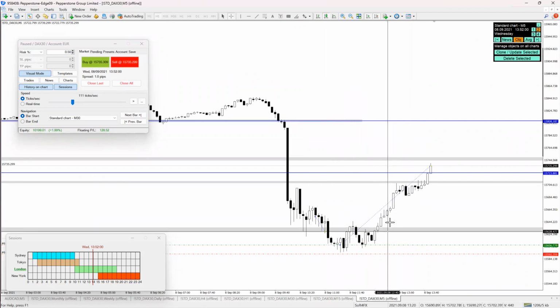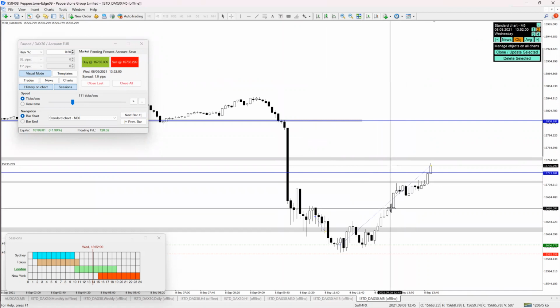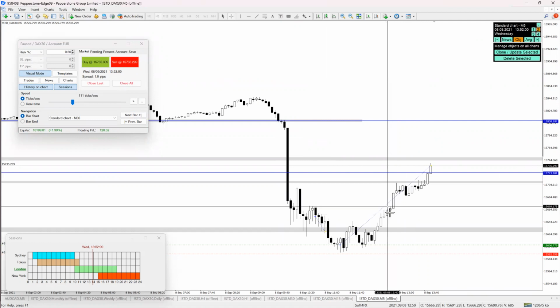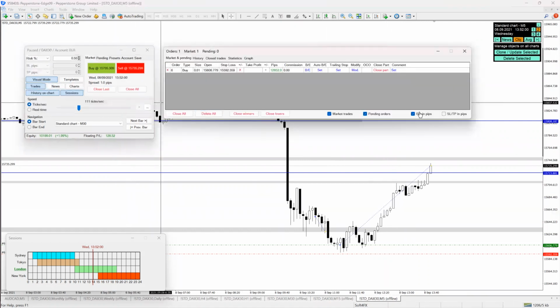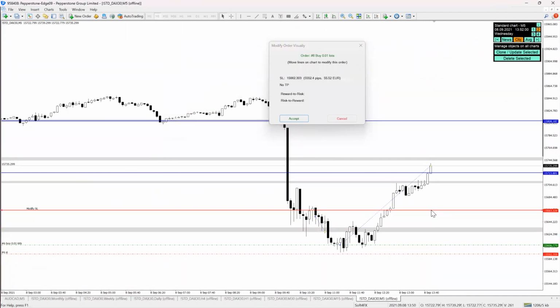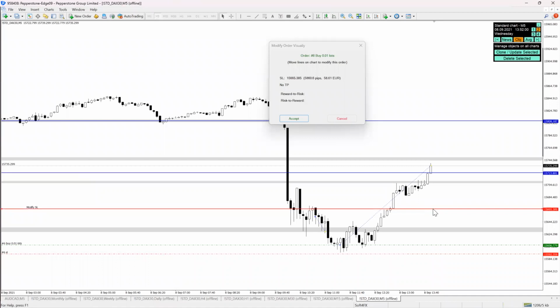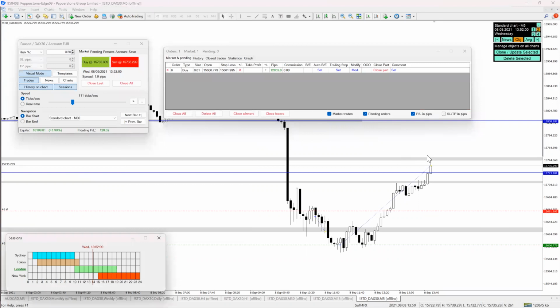So if this is creating new structure, then I don't want it to really break this low, but we've got a clean candle here. So this could be liquidity that could be picked up in the NY session. So I'll move my stop up, underneath this candle, into profit, let the rest run.